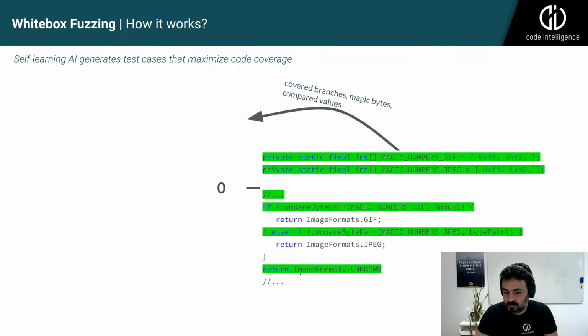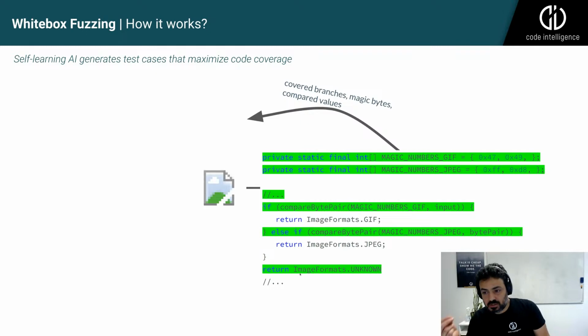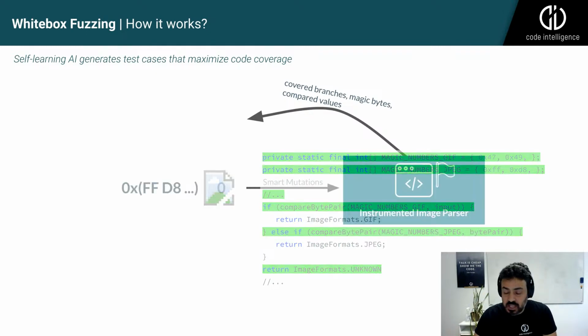So we get an unknown image format. But one of the signals that we also get is that my input was compared against these constants, for example FFD8. So one of the smart mutations that the fuzzer would do is, okay, let's take this as the next input.